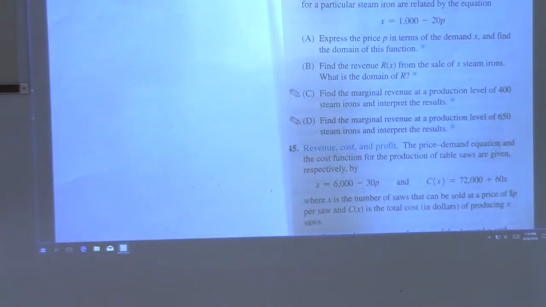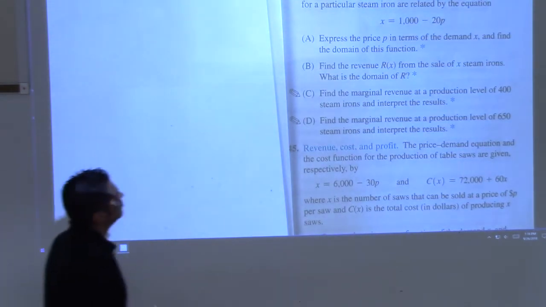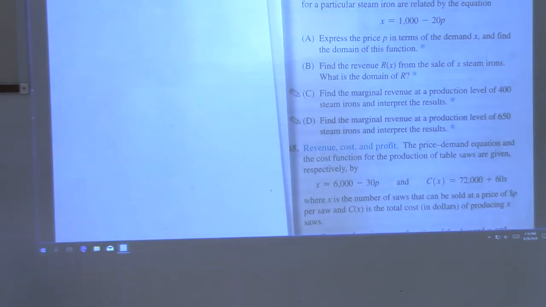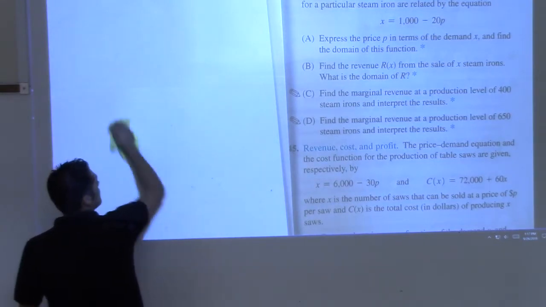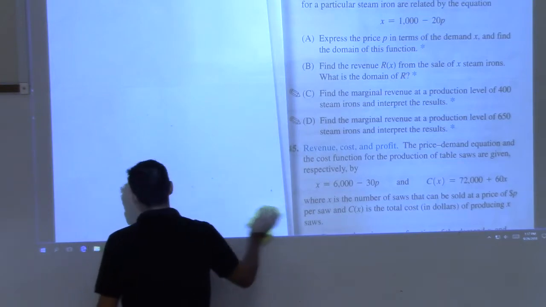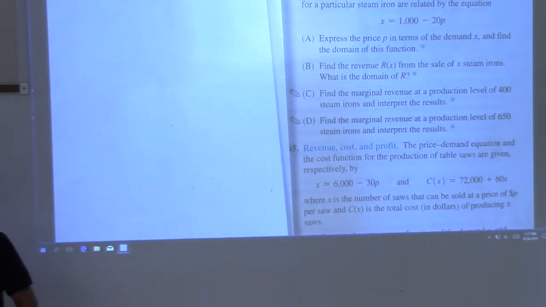All right, let's look at number 44. Okay, so 44 is a more involved problem. There's a couple of other things happening here that we have not discussed. Revenue analysis.